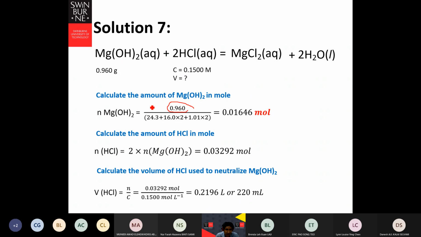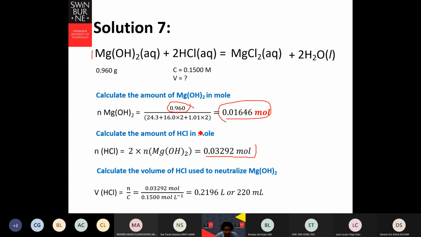So 0.96 gram is our active ingredient, magnesium hydroxide. How many moles is this? HCl will be required in exactly double the number of moles, because the ratio is 1 to 2. If 1 mole is here, 2 moles will be required. So double the moles of that will be required.